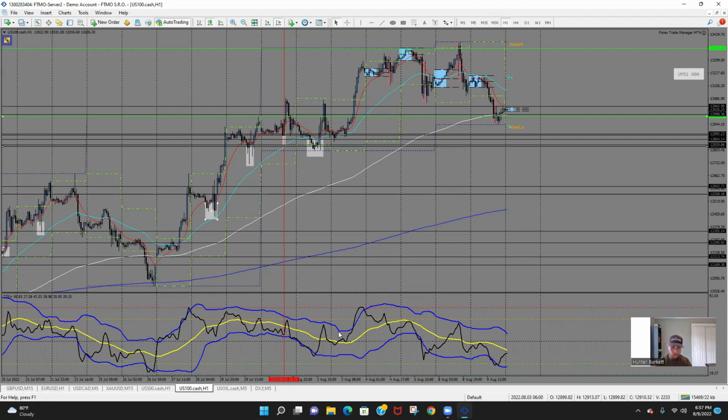Because if you were to purely go off of every shark fin that you see, you would lose badly, right? Just like if you were to use the oversold and overbought, you would lose badly. You would sell here, and then every time you've done that, you get smoked, right? I'm not saying you wouldn't win trades.